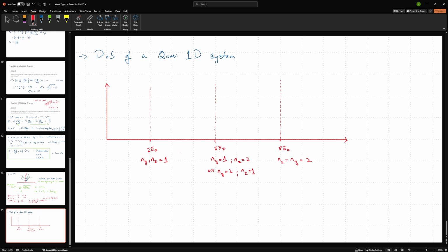Now, eagle-eyed observers may notice that we are more or less having equally spaced energy levels. There is kind of a reason for that. So first, the density of states for this point is going to be like this.